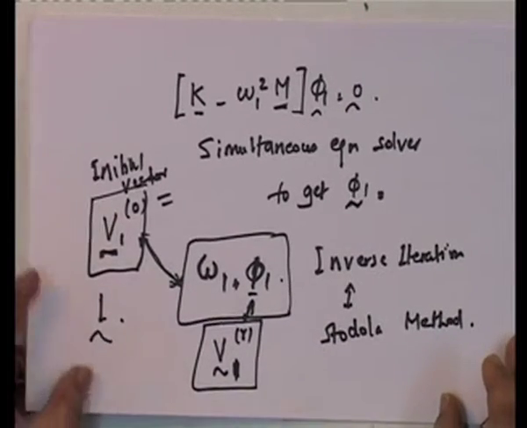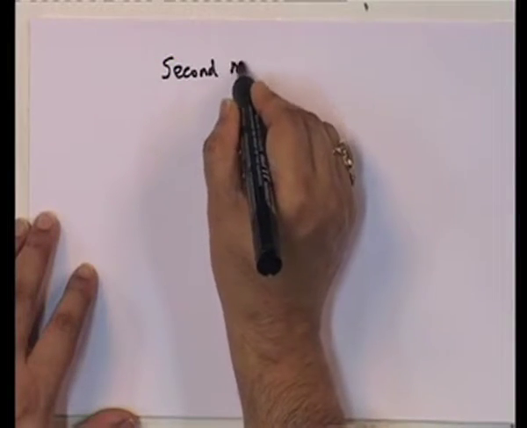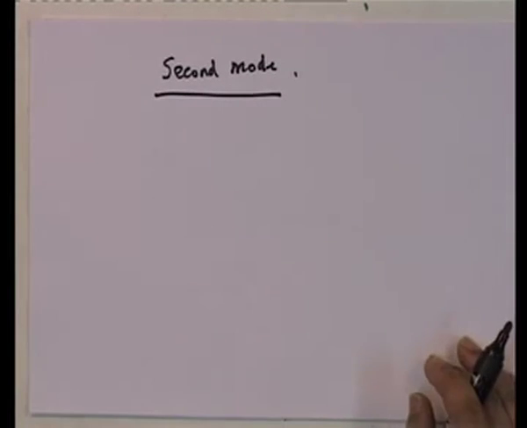So, how do I use the inverse iteration procedure to get the higher modes? For example, let us say I want to find out the second mode. How do I find this out?